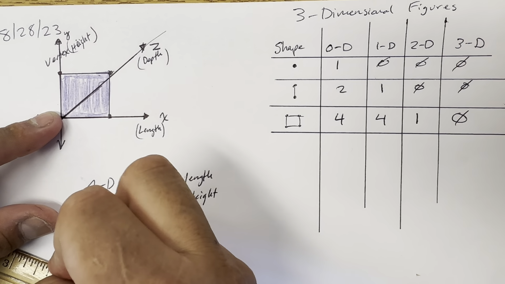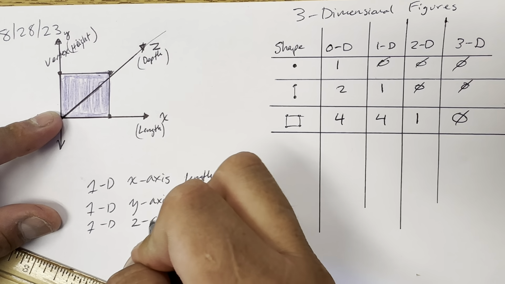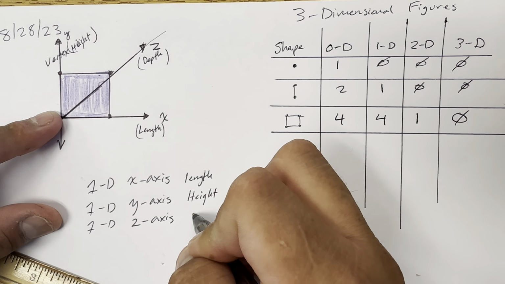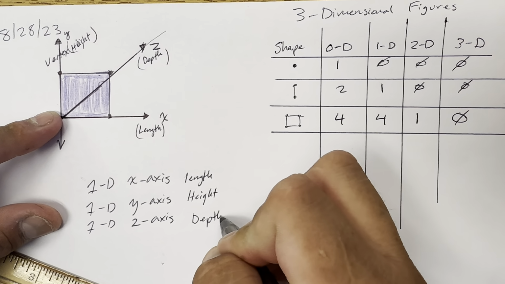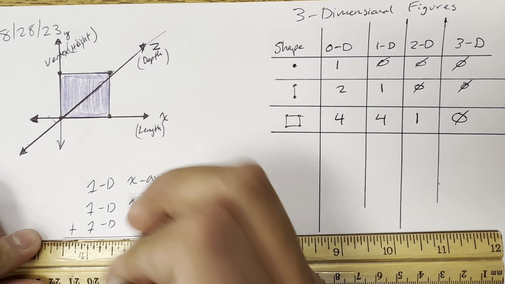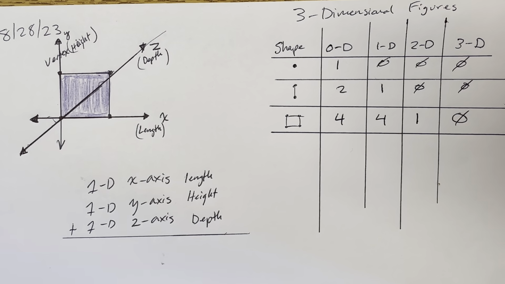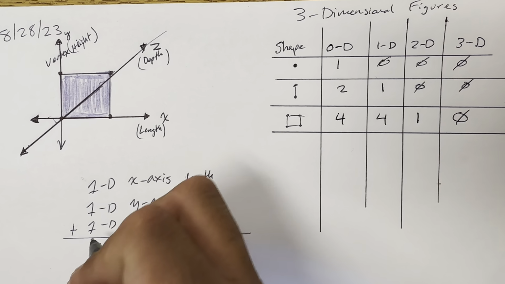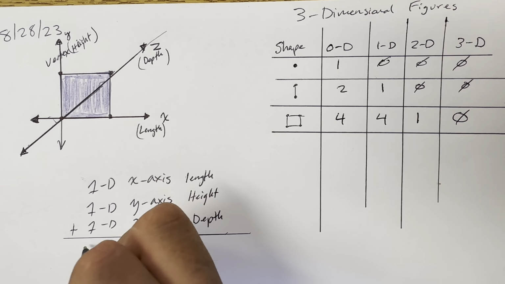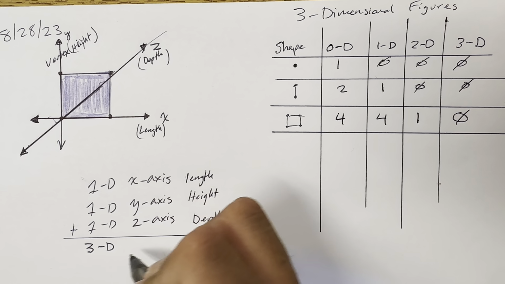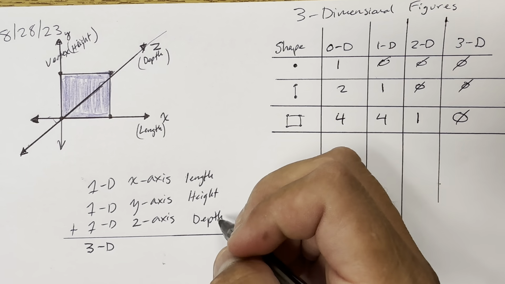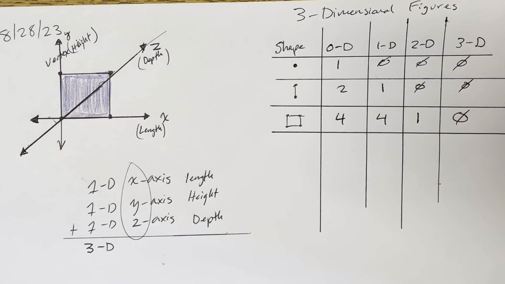And then another dimension will be your z-axis, and that's going to be the depth. So simple math, just keep it simple. Well, anybody, what is 1 plus 1 plus 1? 2, 3, right? So 1 plus 1 plus 1 is 3. So 3-dimensional. So X, Y, and Z axes make up a 3-dimensional figure.